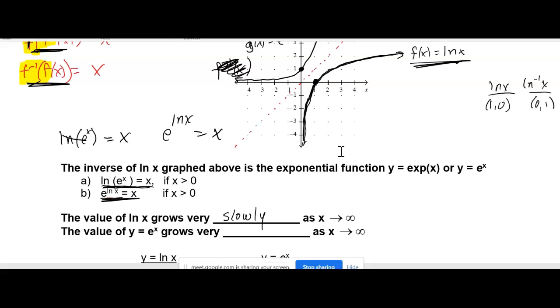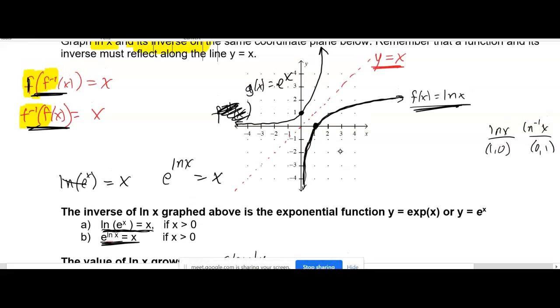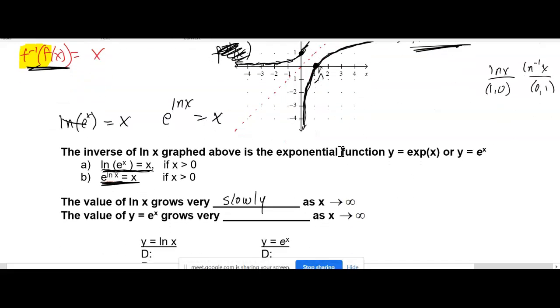When we look at e to the x, he starts out very slowly, just kind of getting warmed up, but once he gets past this value, he's going to start to increase very, very rapidly or quickly. All right. So that should also make sense. If they're inverses of each other, they're doing the opposite.